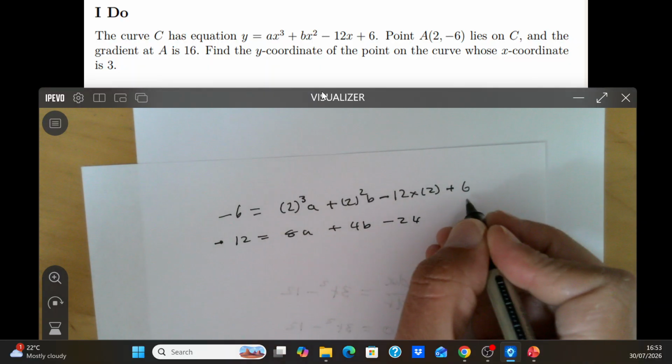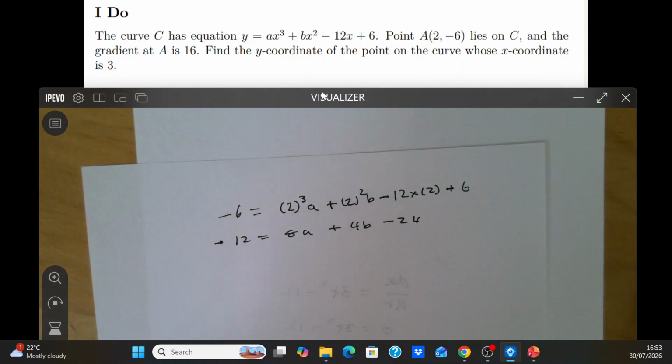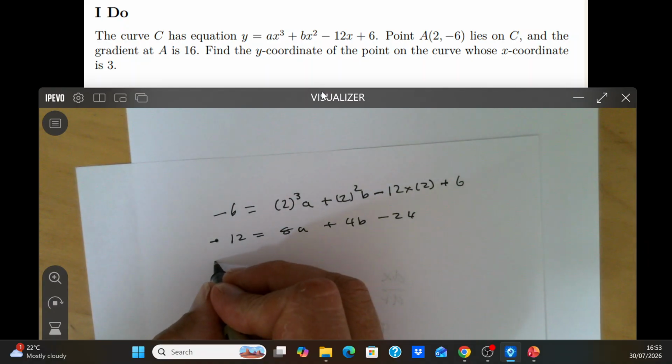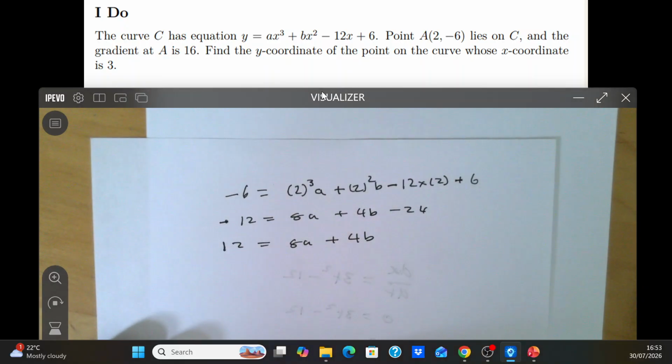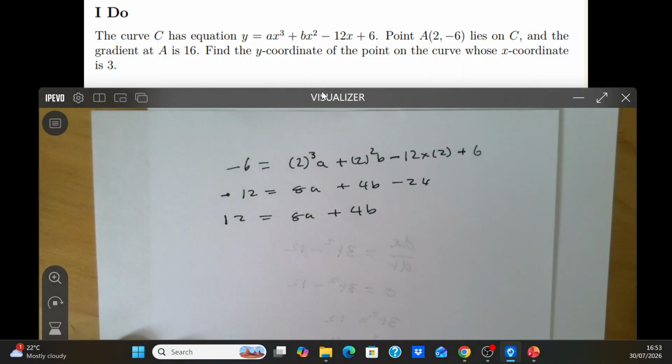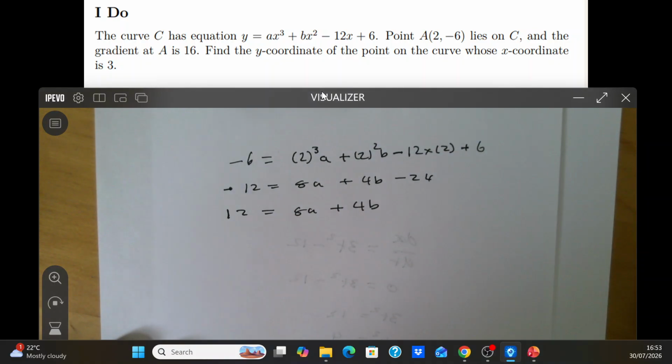Take 24. Sorry, I moved the 6 across straight away in my head when I was doing that. So that gives me 12 equals 8A plus 4B. Now that's going to be a form of simultaneous equation, maybe. That's what I'm thinking looking at that. Not sure until I've done the next bit.